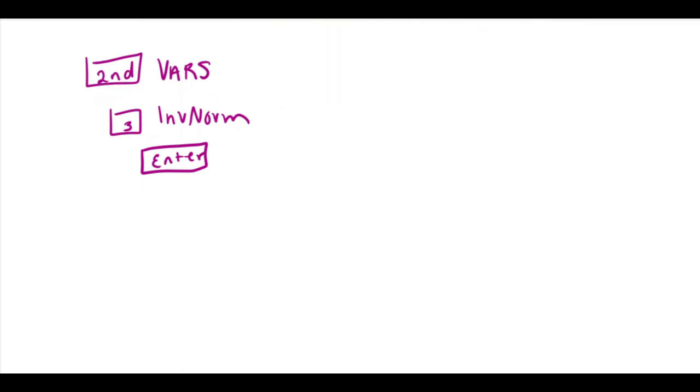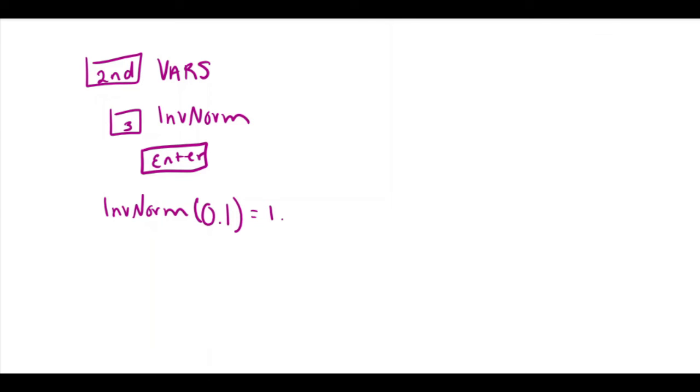Now, something on your calculator is going to pop up and it's going to say invert norm, and it's going to have the beginning parentheses. And what we're going to put in this parentheses is the area below the z-score that we are trying to find. So we know that for our negative z, it's going to be 10%. So we're going to put that in to our calculations.